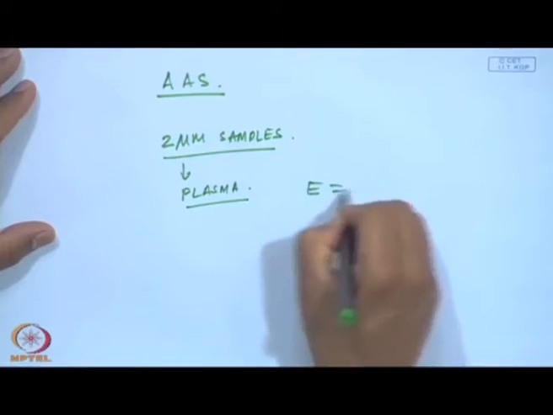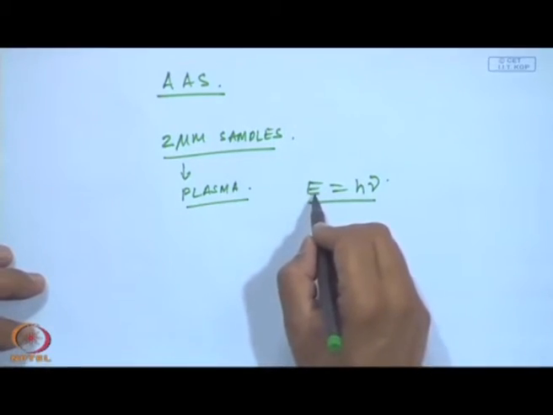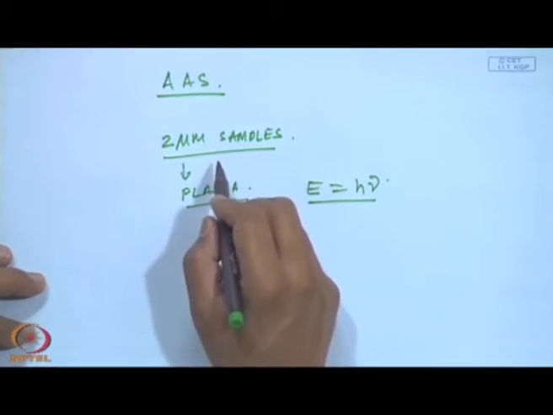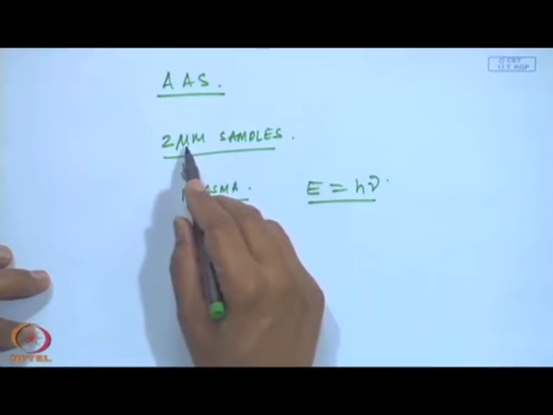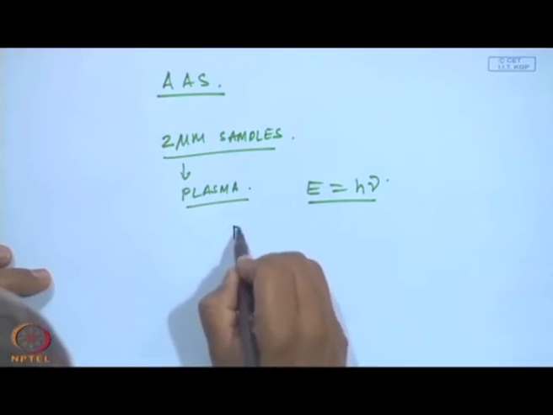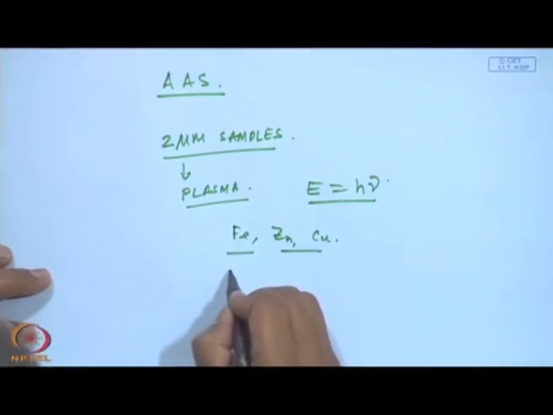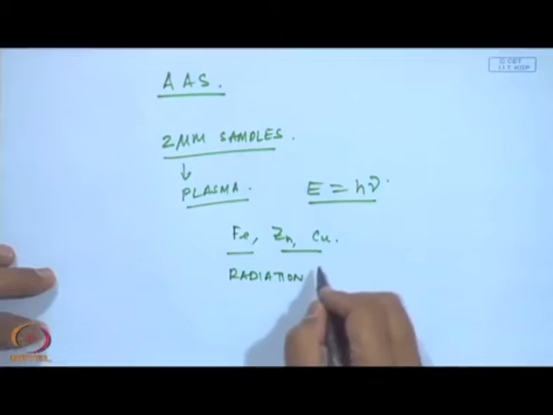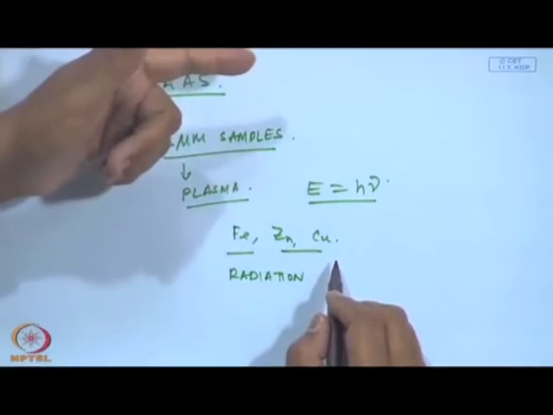Then E is equal to h nu, from Planck's law of radiation, and this energy which is emitted is at the frequency of the radiations of the chemical elements present in these wear particles. For example, suppose it has iron, zinc, copper, etc. The electrons in an iron atom, if they go to an excited state, do so at a particular frequency.